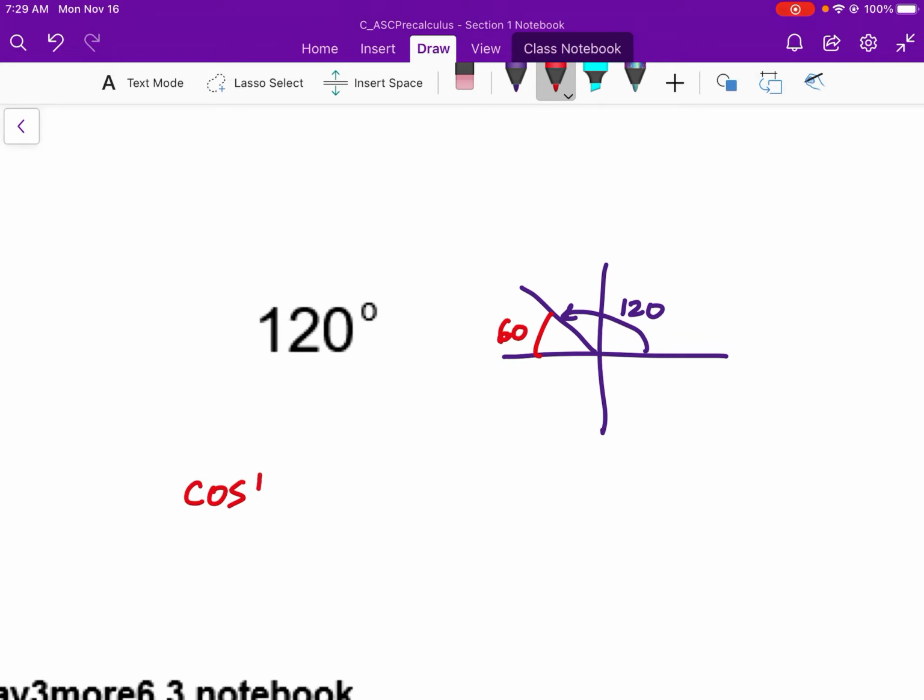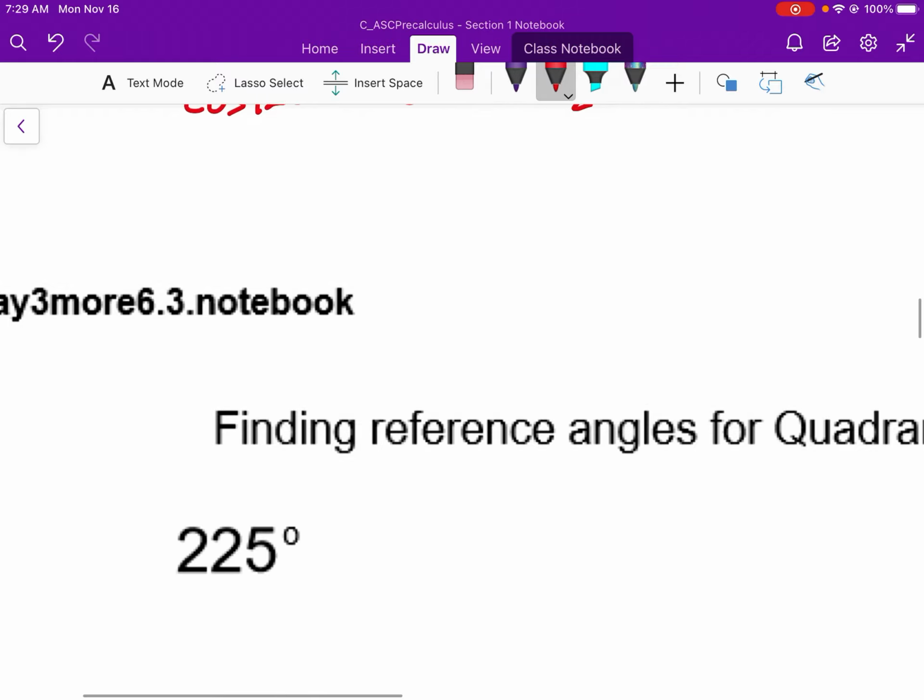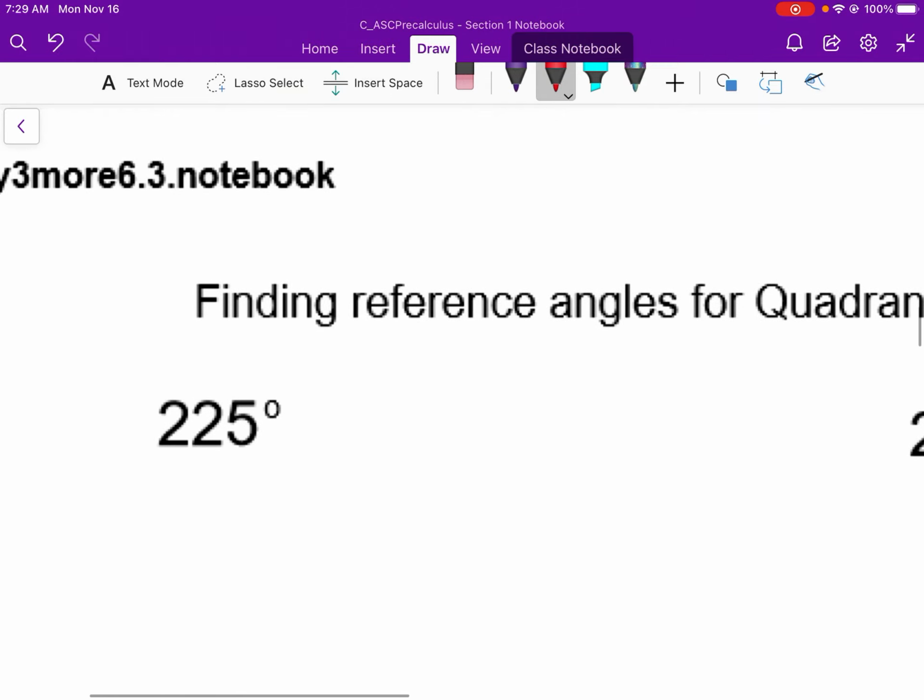If I ask you what is the cosine of 120, and I want an exact value, I have to say, well, 120 is in the second quadrant, so it's negative. The reference angle is 60. What's the cosine of 60? The cosine of 60 is 1/2, so it's negative 1/2.